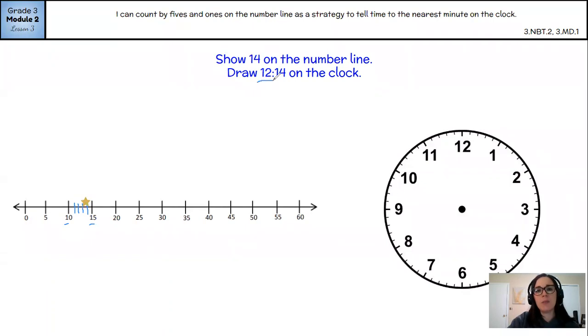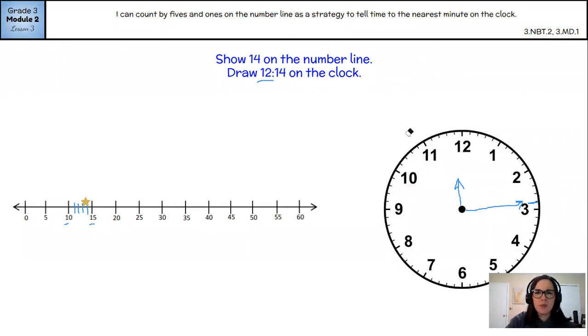So my hour comes first. So I point my shorter hand at the 12 and my minute hand at the 14. O'clock, 5, 10, 11, 12, 13, 14. I'm going to mark it so I know to point there. So my minute hand is going to go there. So both of these are going to show 12:14.